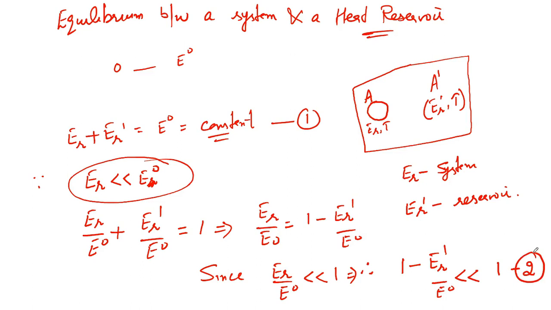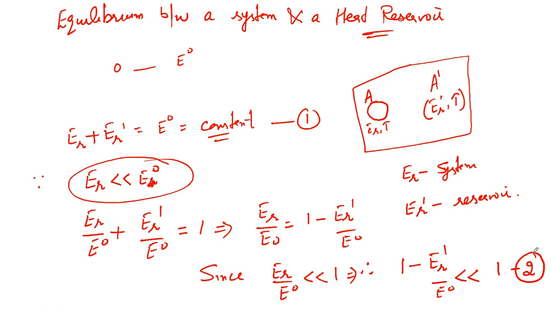Now the states of the system A having been specified, the reservoir A dash can still be in any one of a large number of states which are compatible with this energy value ER dash.